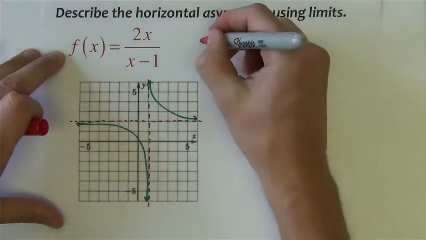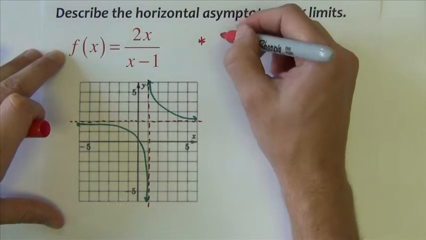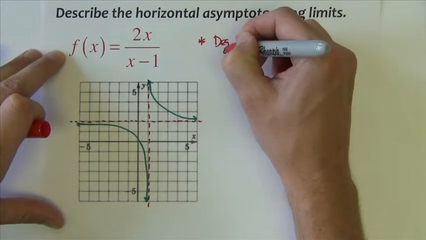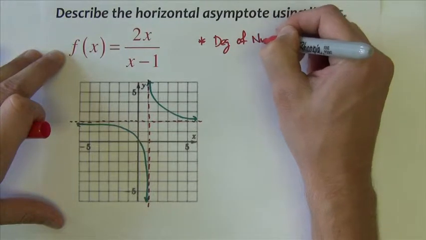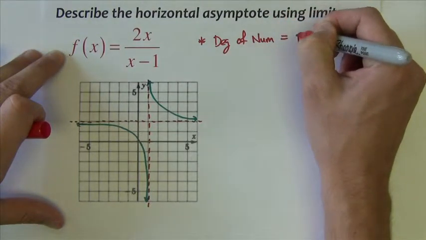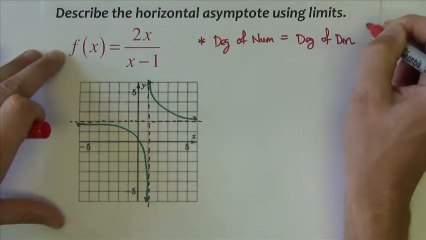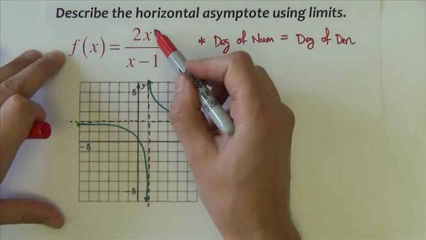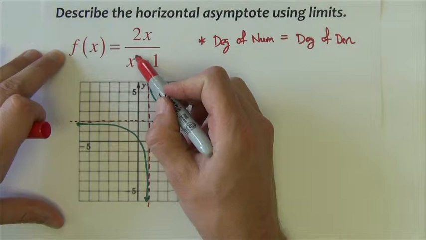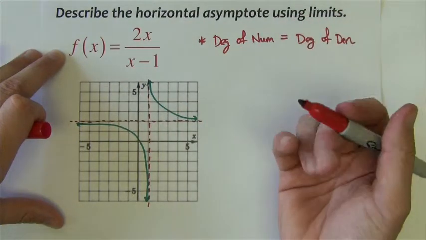Okay. Now again, just to review, when the degree of the numerator equals the degree of the denominator, and that's what's happened here. Here, I've got first power divided by first power, and their degrees are the same.